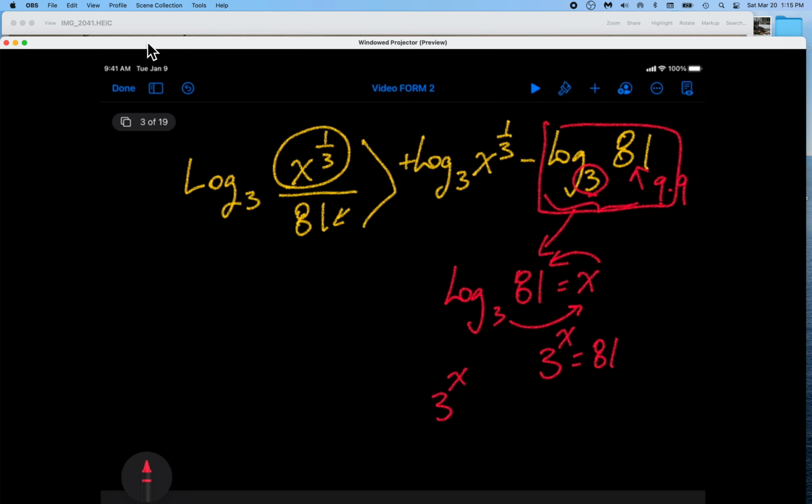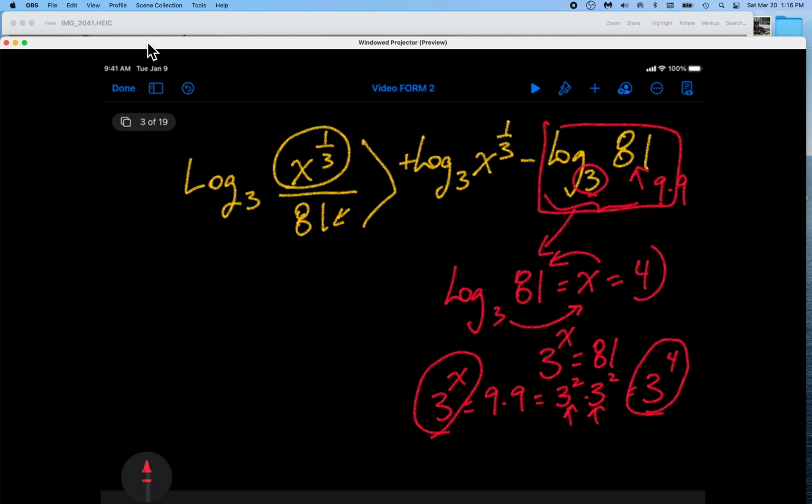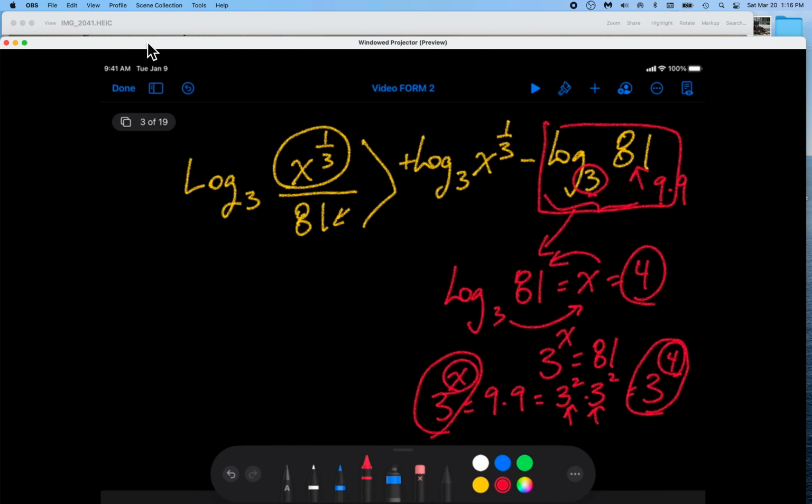3 to the x equals 9 times 9. 3 to the x equals 3 squared times 3 squared. When we have a common base and we're multiplying, we're allowed to add the exponents. So we have 3 to the 4th power equals 3 to the x. Therefore, x has to equal 4 because the exponents match. Okay.